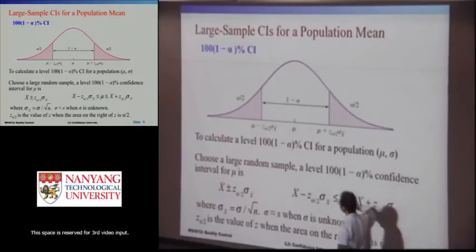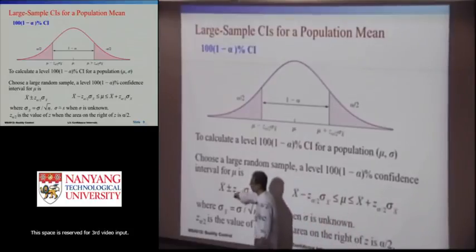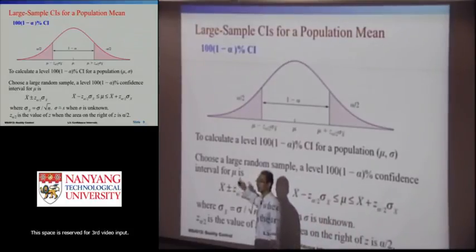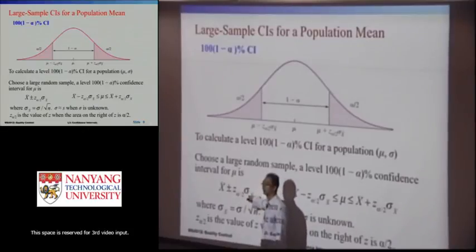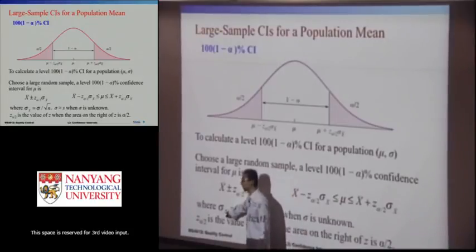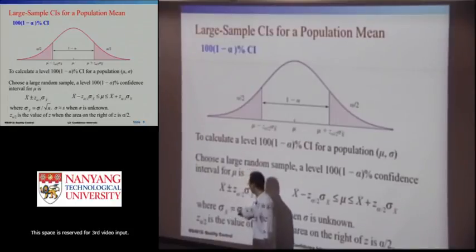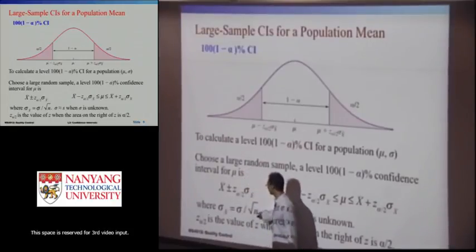So with this, we can get z alpha over 2. And I said only in a very rare case can we know sigma x bar. In most cases, we need to approximate sigma x bar. The approximation here is sigma x bar equals sigma divided by square root of n.